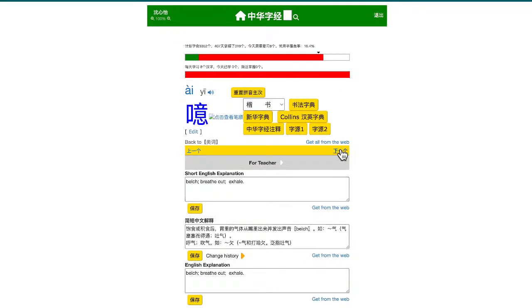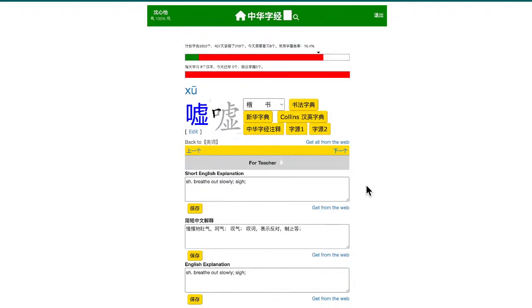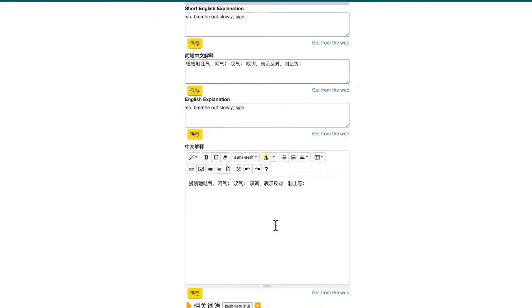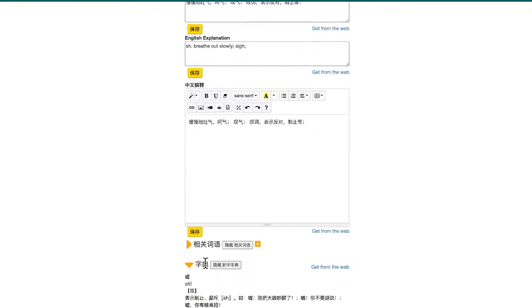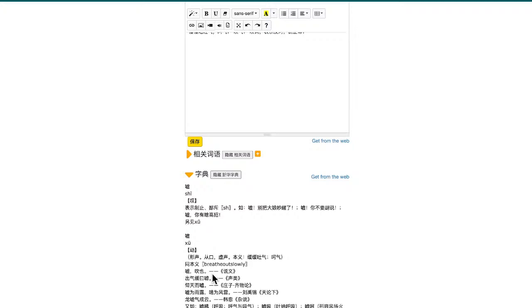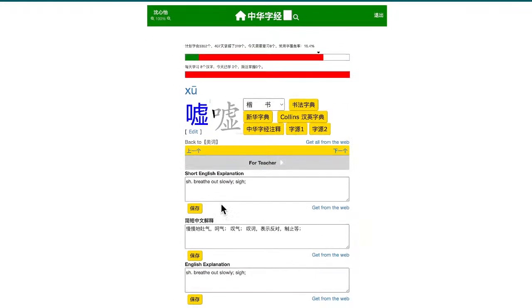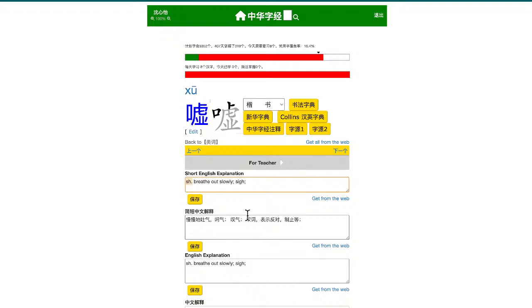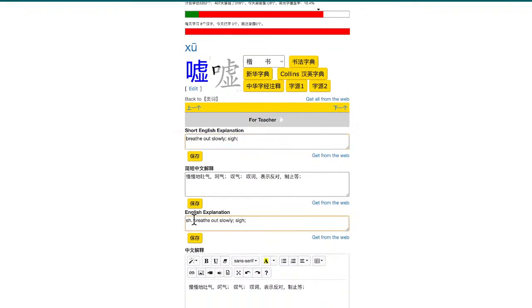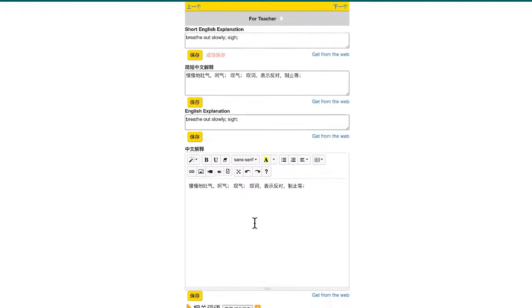Next one, 嘘. Now 嘘 is to breathe out slowly, and also to sigh. That's the meaning.